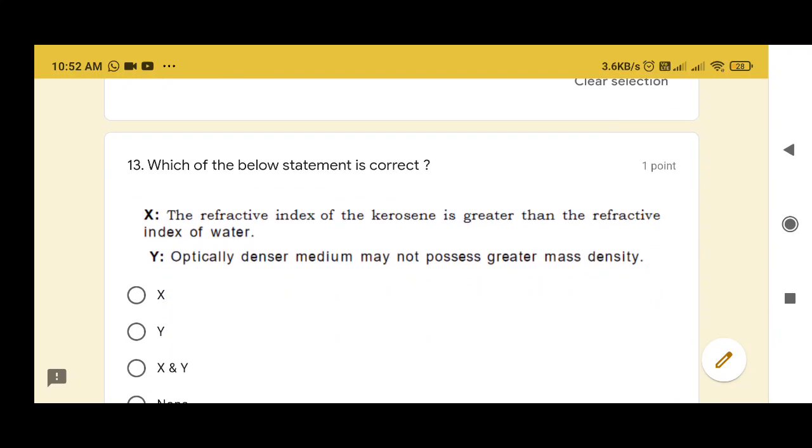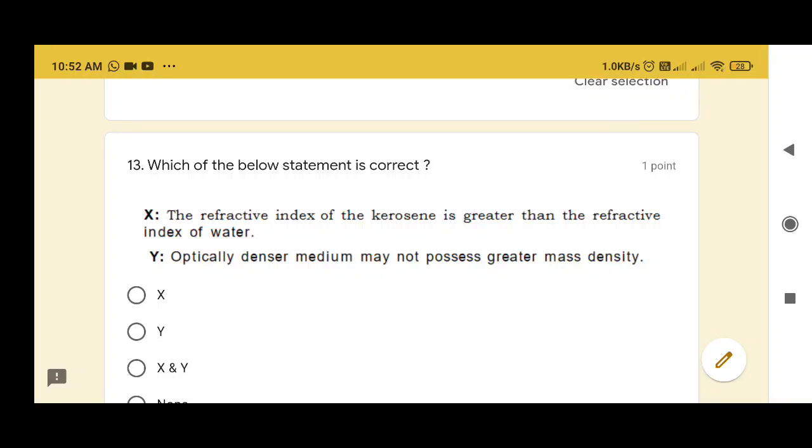13th one, which of the below statements is correct? X: the refractive index of kerosene is greater than the refractive index of water. Y: optically denser medium may not possess greater mass density.